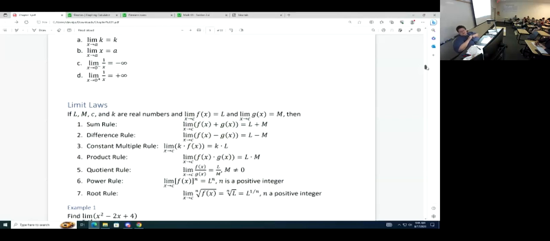Now, we're going to have two different limits. We're going to do the limit as x approaches c of f of x and then g of x. We're going to say the limit as x approaches c of f of x is L, and the limit as x approaches c of g of x is M. As you're writing down the sum rule, I'm going to switch over to the camera real quick because there's a step missing here that's pretty handy.